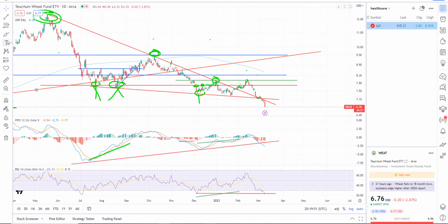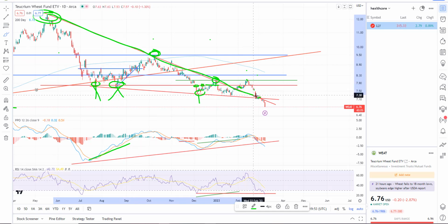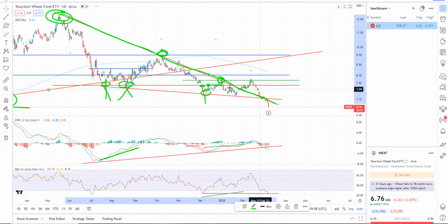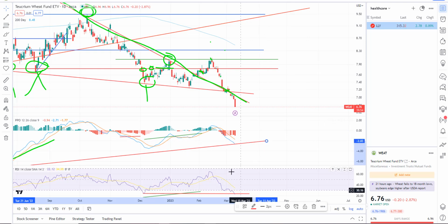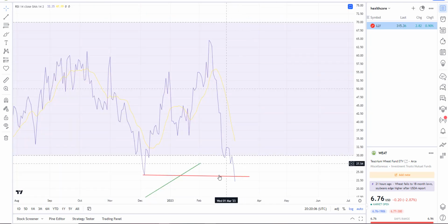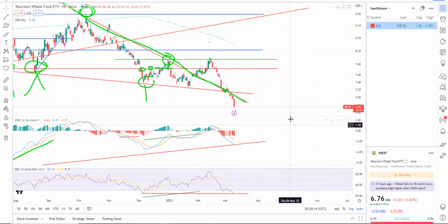We also have this downtrend line here, and we've broken that. In general, these support patterns have been broken. We still have bullish divergence that has not been negated on the PPO. And if I look at the RSI, they're starting to negate it unless the buyers step in. Towards the end of the day, we will have broken that bullish divergence on the RSI. We still have it on the PPO.